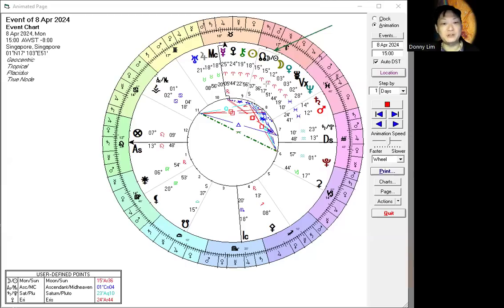So we are trying to decode here the 11th from the 9th house combination using the derivative method. 11th from the 9th can be talking about making friends, acquaintances, friends with benefits, associates, or happy hour buddies. These are all containing meanings of the 11 divisional houses away from something from the 9th.